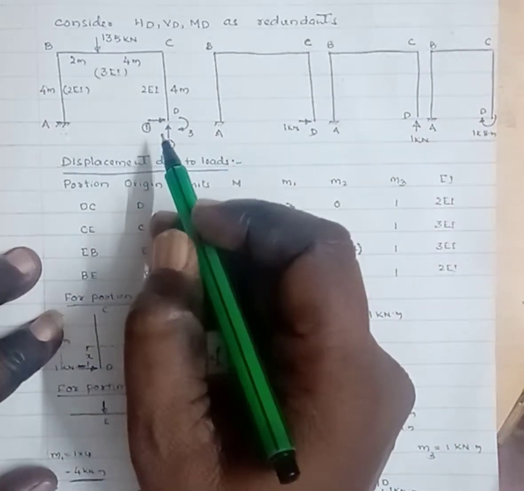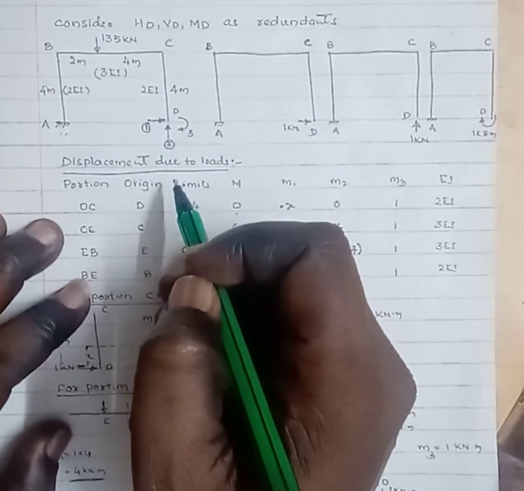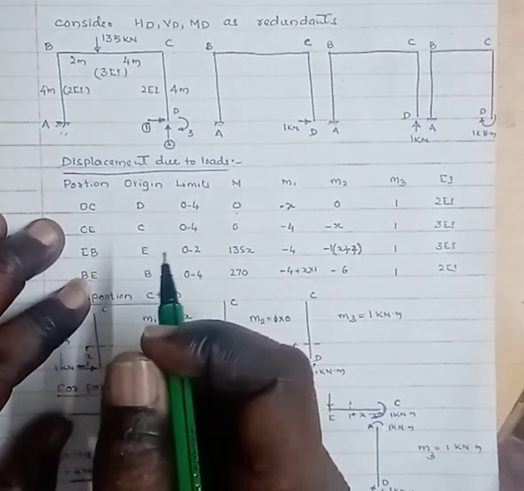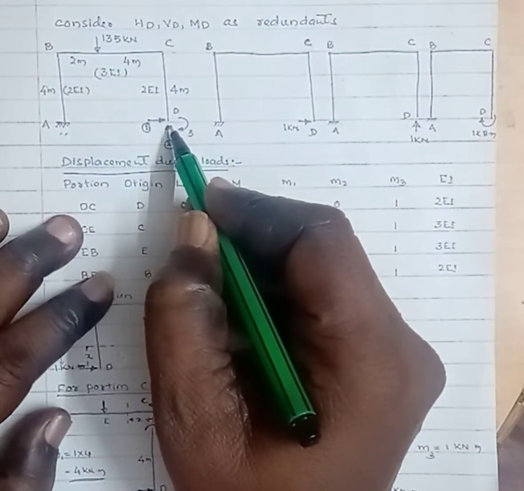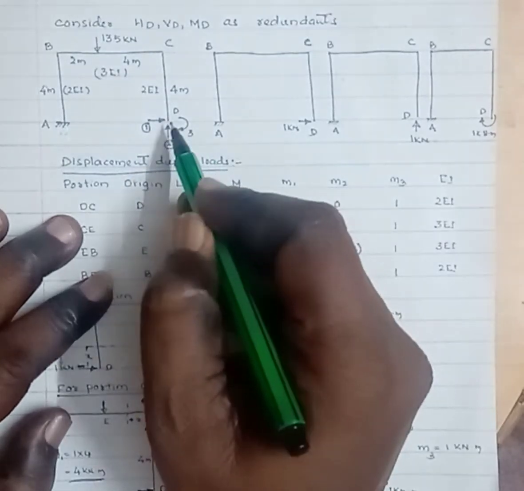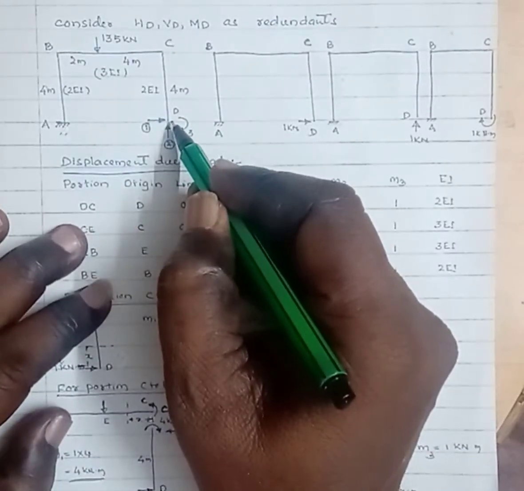By using the unit load method, we have applied the unit loads and unit moments in the direction of coordinates 1, 2, 3. Then start from portion D. We have considered the horizontal reaction component, vertical reaction component, and the moment at D as the redundants. We start from D to C.